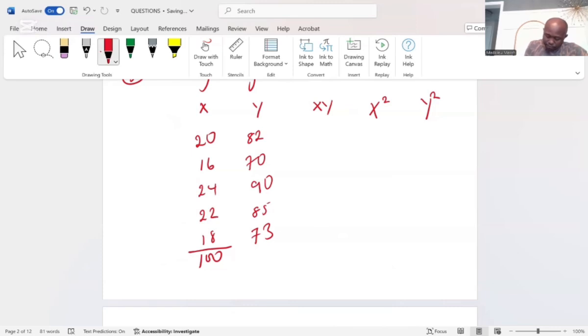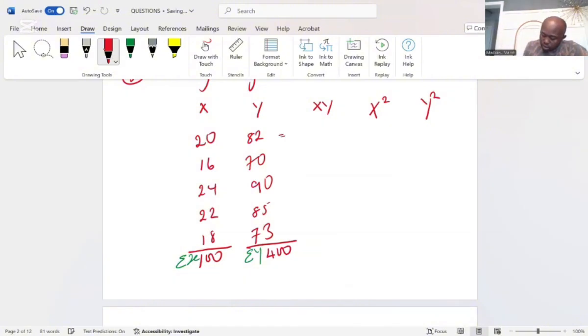This is my sum of x. When I total all of these, this will give me my sum of y. What is that? 82 plus 70 plus 90 plus 85 plus 73 gives me 400. Sum of y.